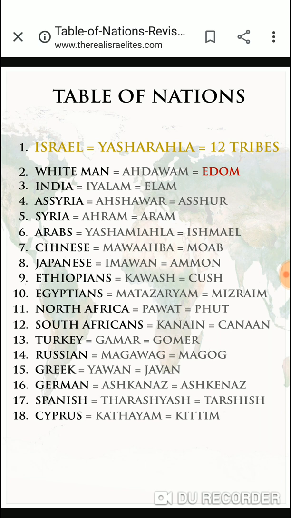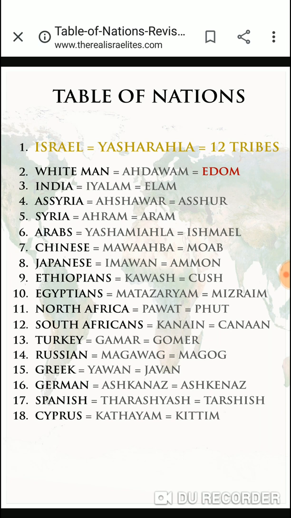So the first problem would be the white man is Edom. Parts of that is right and parts of that is wrong. One of the groups of white people, out of the two groups of white people that we know of and that we should know exist, could be Edom. The other one could be Japhet.